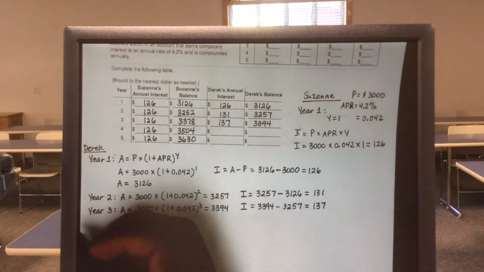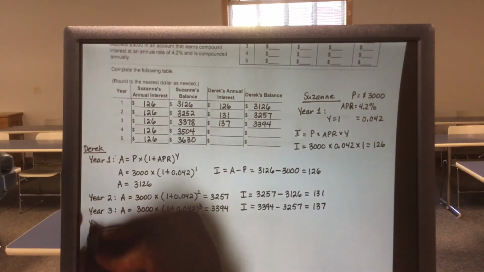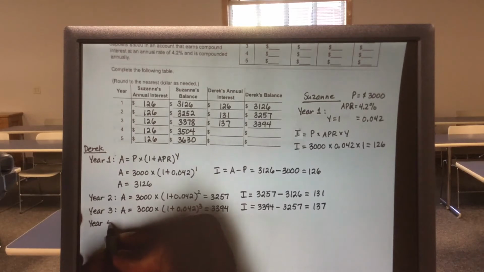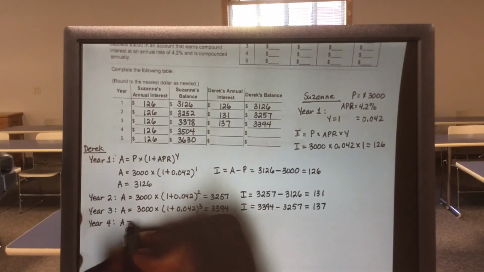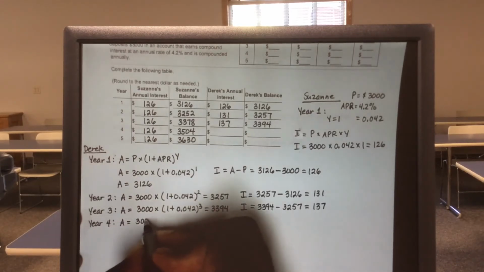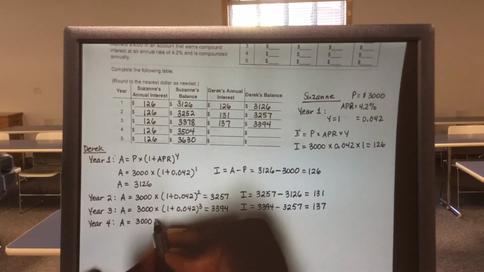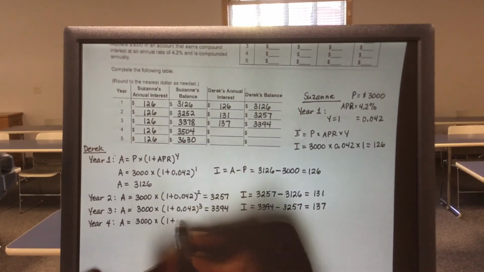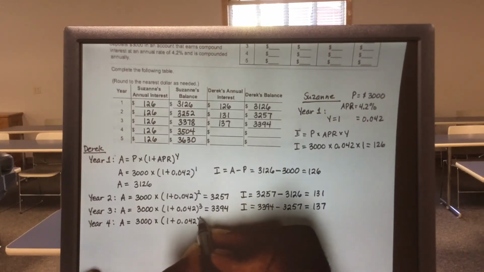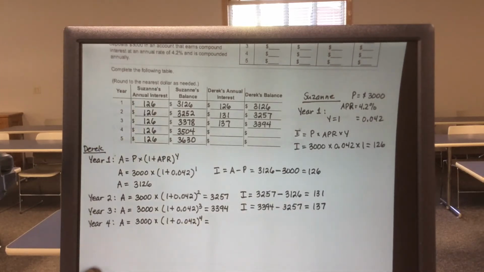And now for the fourth year, year number 4. That'd be 3,000 times 1 plus 0.042, and that's raised to the 4th power.